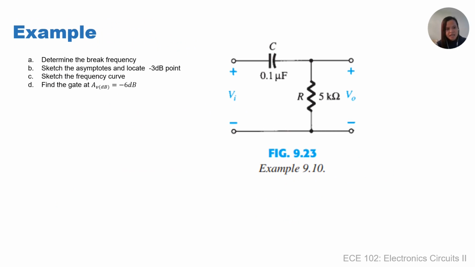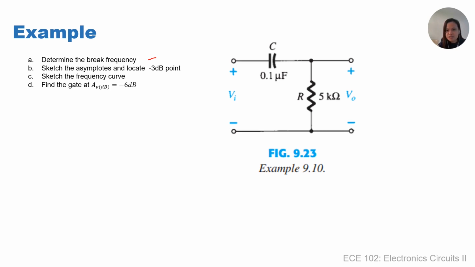So let's have an example here. We have this resistor and capacitive element. Our goal here is to determine the break frequency, or the corner frequency, or the cutoff frequency.